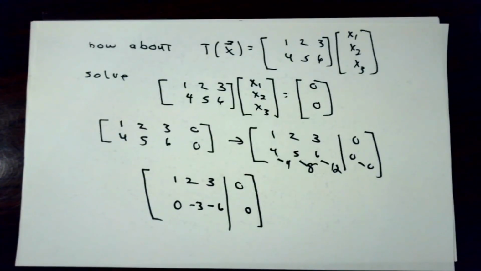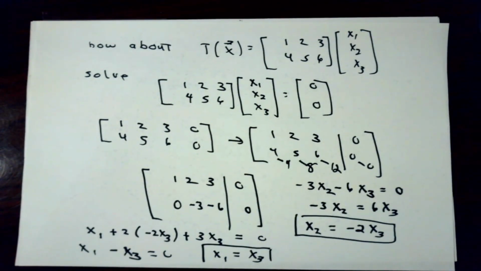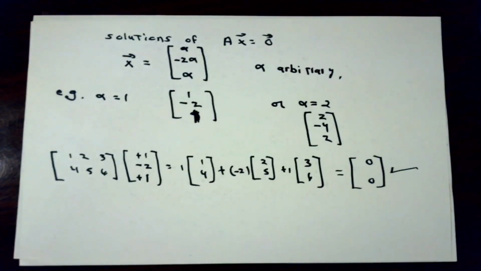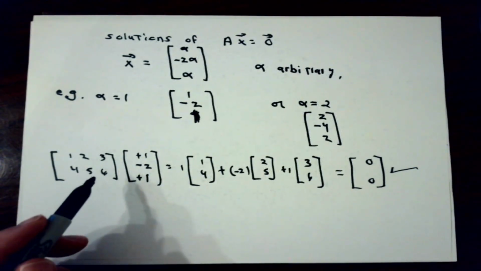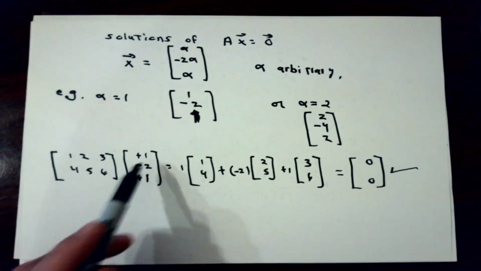Another example, I'll have the matrix be the 2 by 3 matrix, 1, 2, 3 across the top row, 4, 5, 6 across the bottom, and investigate what kind of solutions I can get to matrix times vector equals 0. It turns out that anything that looks like a number alpha, another number negative 2 times that alpha, and then alpha again will work.